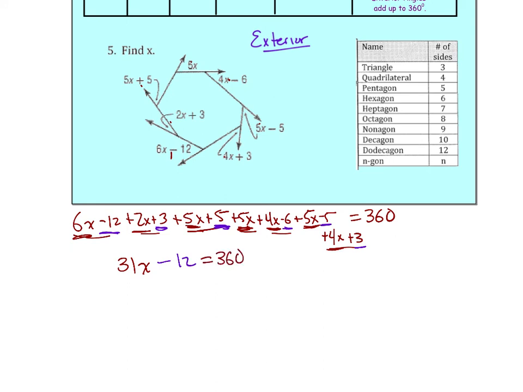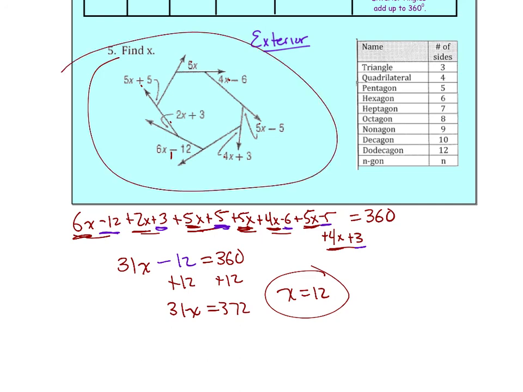Okay, so let's see, minus 12 plus 3 plus 5 minus 6 minus 5 plus 3. Yeah, minus 12. Okay, so now, just algebra. All right, so it's 372 divided by 31. X is just going to be 12. And I'm done. So the big part here was recognizing that that's all going to be exterior.